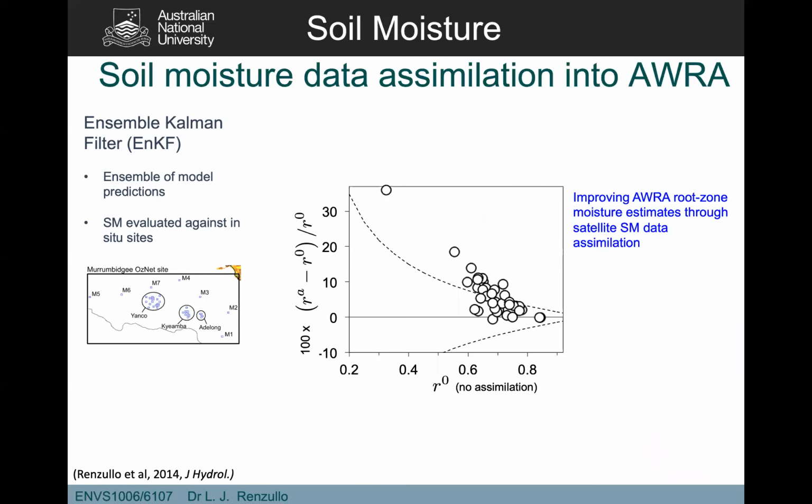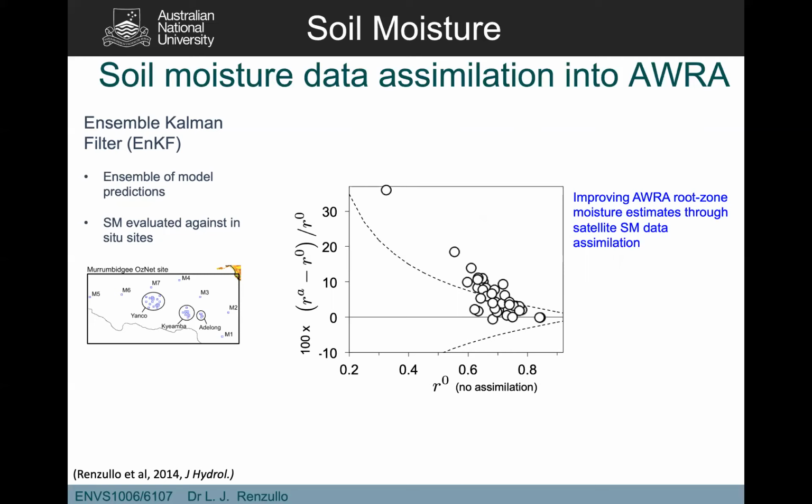So we set about applying this en masse across the whole country, and then it comes down to evaluating the performance. And the take-home message of all that investigation was that even though the satellite only sees the top few centimetres of the soil column, by assimilating that data into the water balance model, we improve the root zone. The root zone is everything from 0 to 1 metre down in the soil profile, which is roughly across the country, pretty much covers all vegetation types.